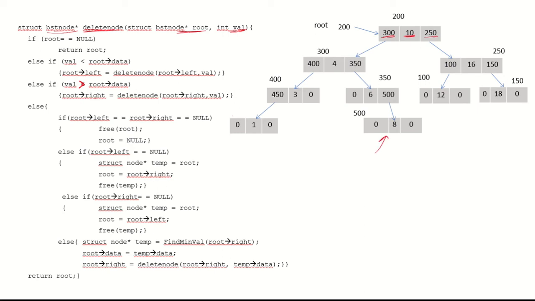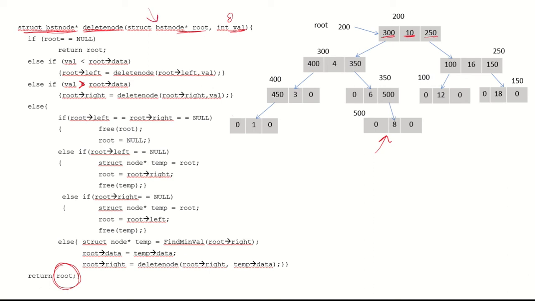So suppose if this node has to be deleted, then a value of 8 will be passed by the calling function. This function is also going to return a node pointer, because at the end of execution it will return the root pointer back to the calling function.